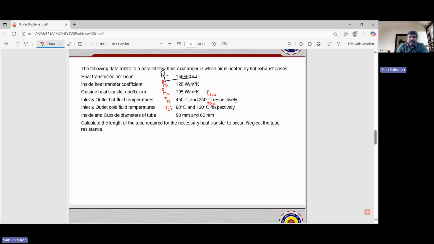And the diameters are given. So inside diameter Di is 50 mm and Do is 60 mm, which means Ri is going to be 25 mm or 0.025 meters, and Ro is going to be 30 mm, which is 0.03 meters.